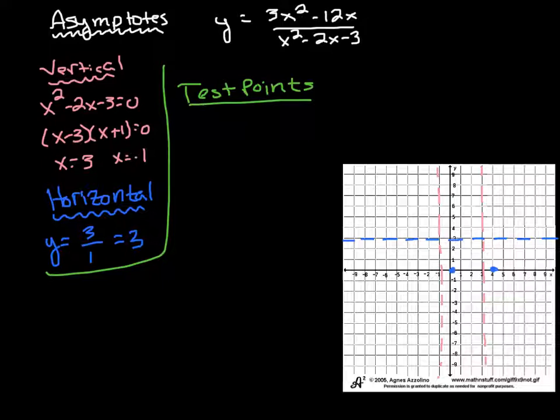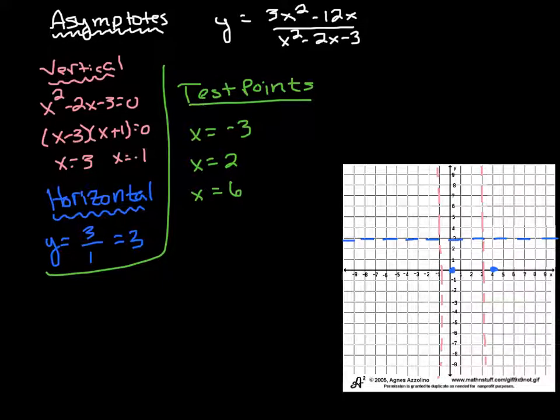So I'm just going to pick, say, -3. Then I want to pick some in here, and I'm just going to pick 2. Then I'm going to pick another one on this interval. So I'm just going to pick 6.